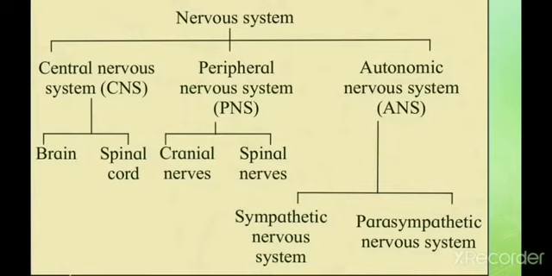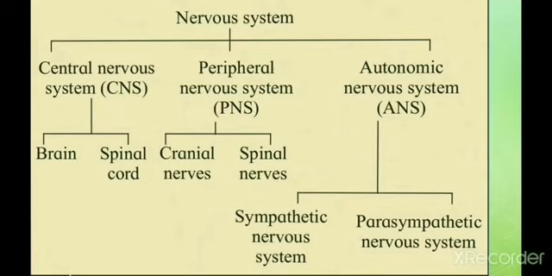Now see this tree diagram. Here you can see that the nervous system is divided into three parts: CNS, PNS and ANS. In this, the central nervous system consists of two parts, that is brain and spinal cord.